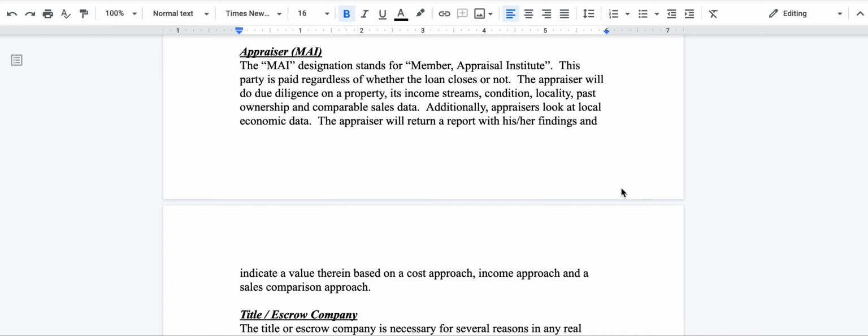So if it's 4 or 5, that valuation will be higher, versus if it's a higher capitalization rate, the valuation will be lower. So there's a negative correlation there, so to speak.